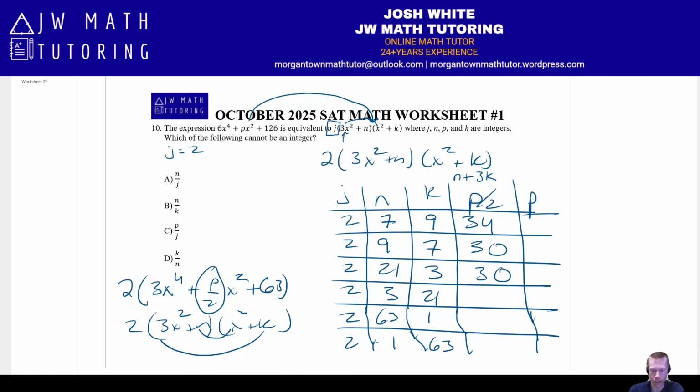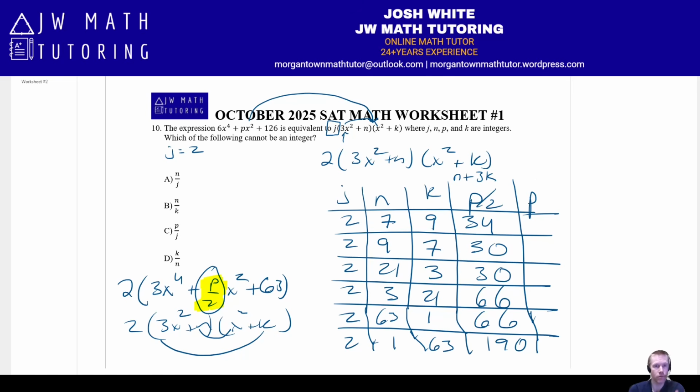It's also 30. Then we're going to do 3 plus 3 times 21, which is 3 plus 63, 66. And lastly, 63 plus 3 times 1, which is also 66. And then 1 plus 3 times 63. That is 1 plus 189, which is 190. So these are all the values, basically, that you would get for this term.